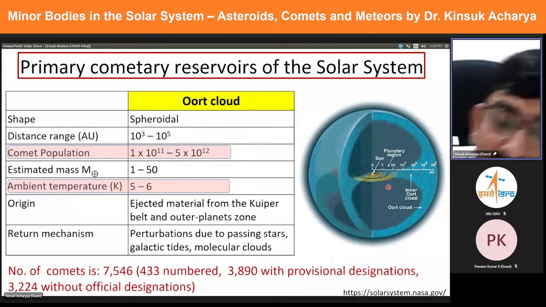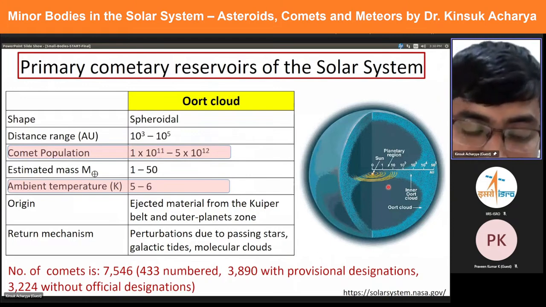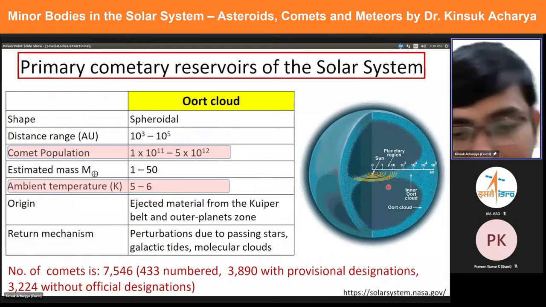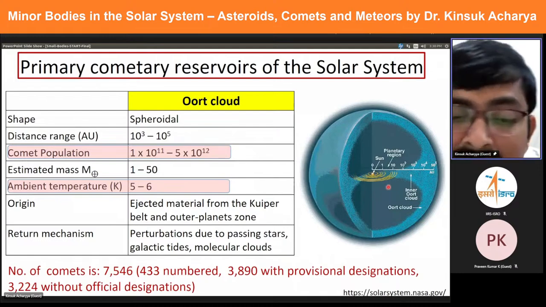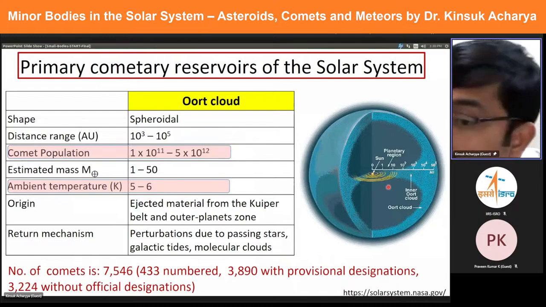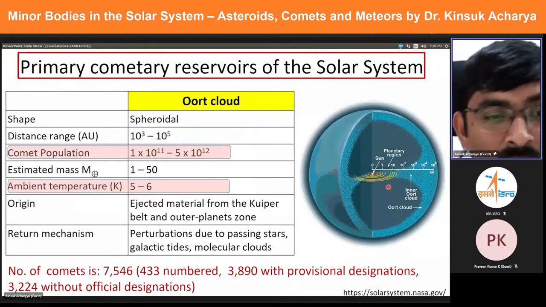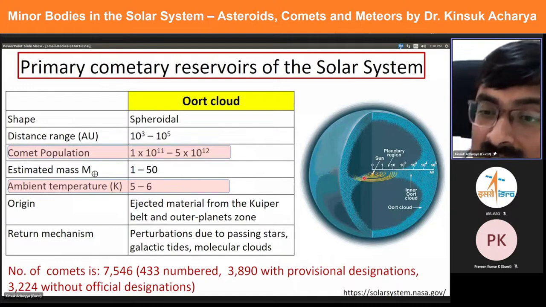Our man-made satellites have traveled only up to 157 AU or so. But here we are getting samples in the form of comets which are coming from 10^5 AU.